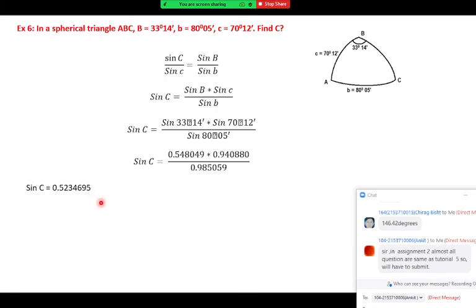So tell me now the two angles. Use a calculator and tell me capital C. Sir, 31 degree 33 minute.